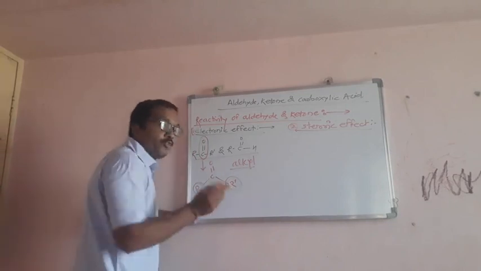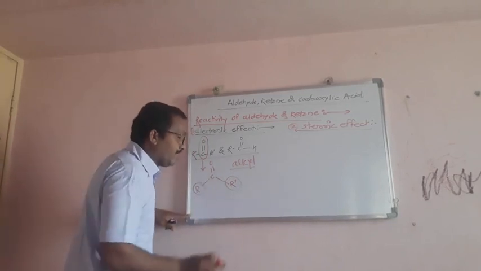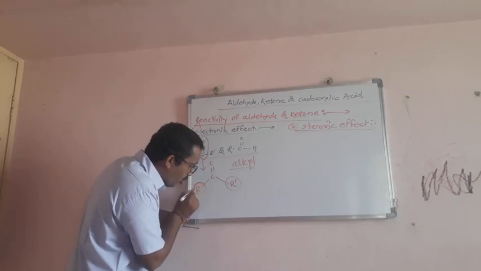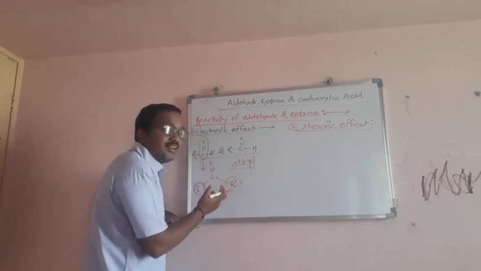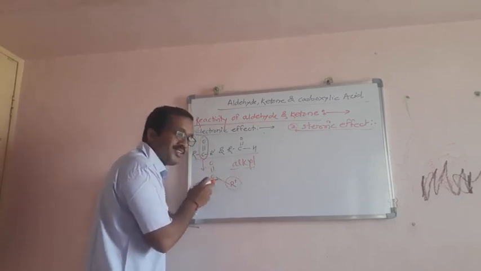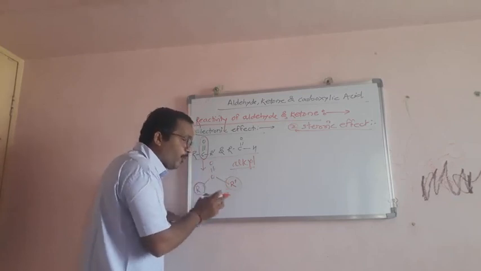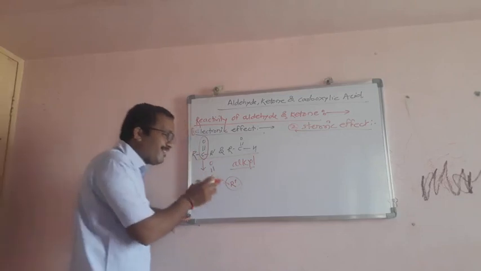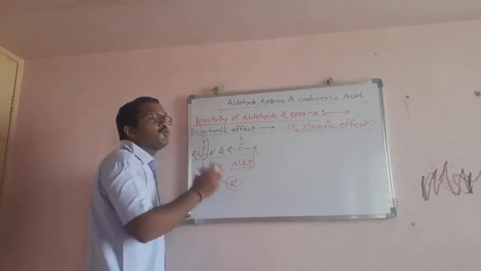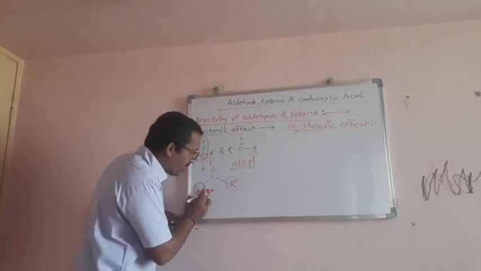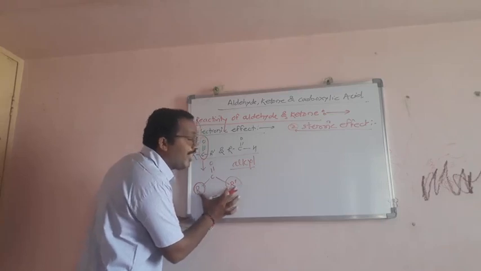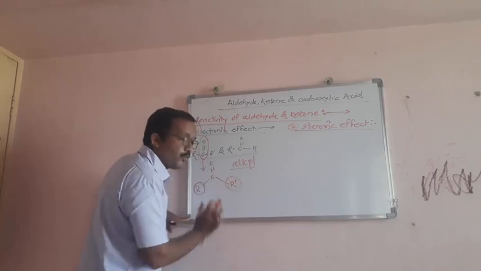The alkyl group is electron donating, which means it donates electrons to the carbonyl carbon, and the positive polarity goes on increasing in the ketone, because two alkyl groups are bonded to this carbonyl carbon.